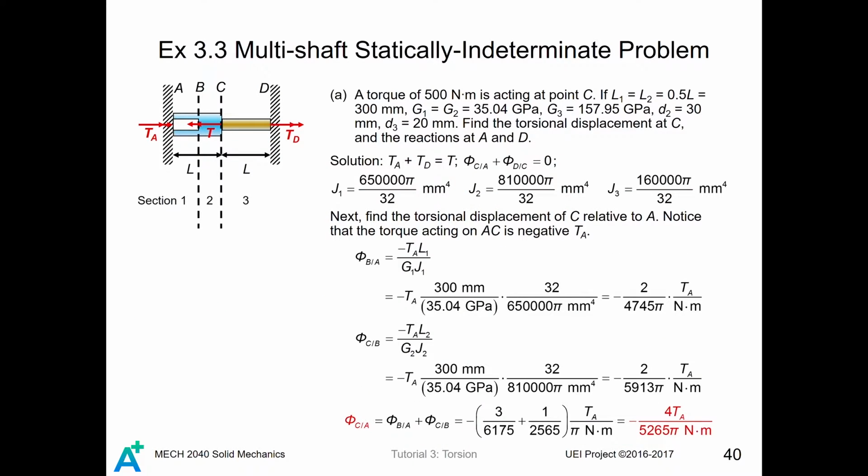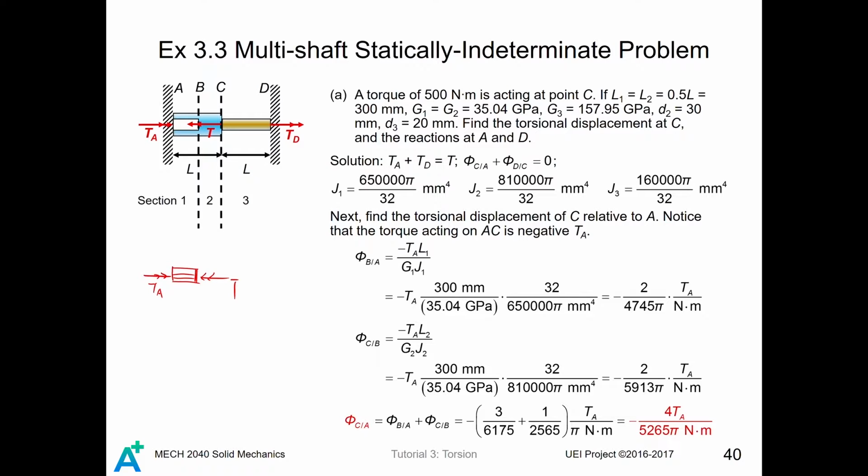Next, we compute the torsional displacement of each segment one by one. For segment AB, the torsional displacement at B relative to A equals minus TA L1 divided by G1 J1, because for AB, this hollow shaft, there is a TA here and then the applied torque T here.